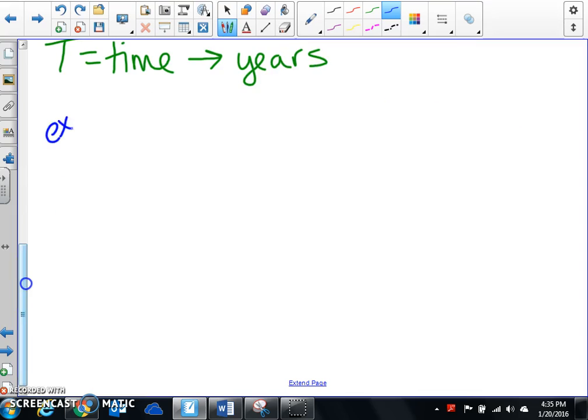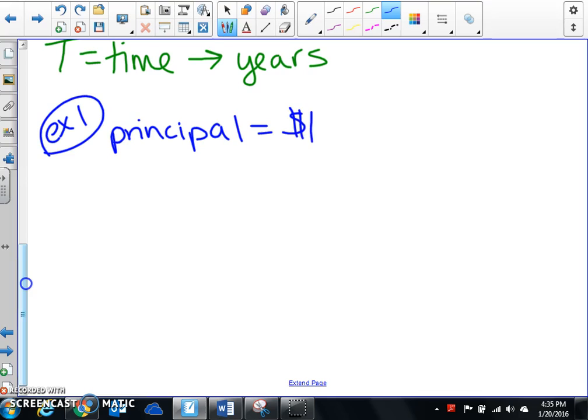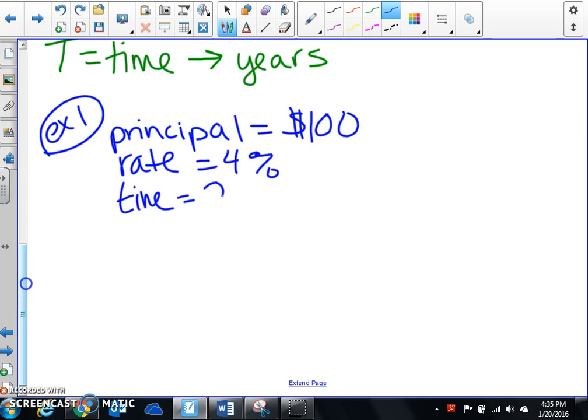Example number 1. Let's say they gave us that the principal is $100. The rate is 4%. The time is 2 years. And they want to know how much interest.